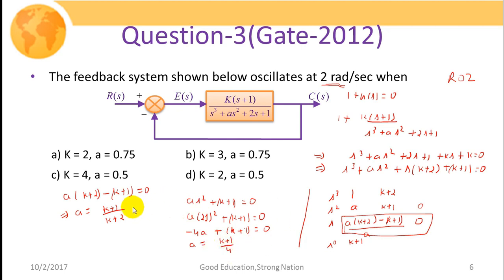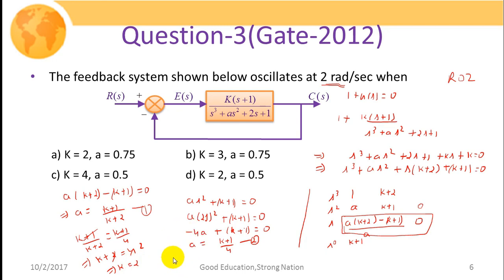So now comparing these two equations, equation number 1 and equation number 2, we can simply write down that (k plus 1) upon (k plus 2) will be equal to (k plus 1) upon 4. This means k plus 2 is equal to 4. So this gives us k is equal to 2.